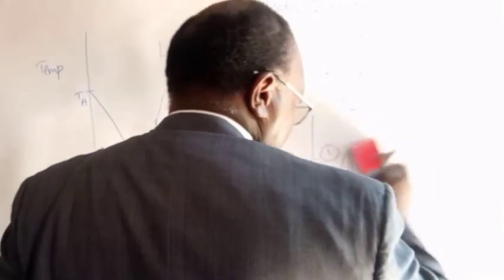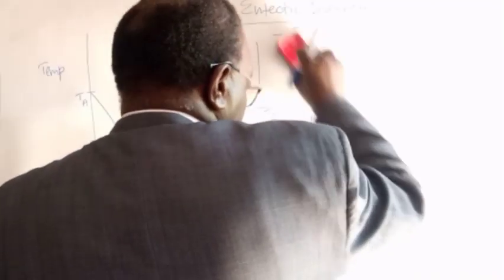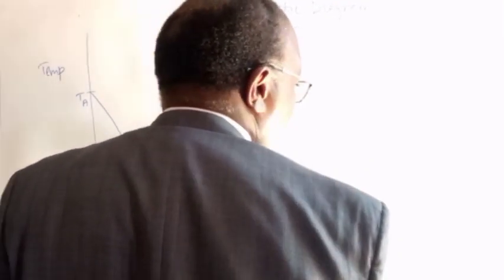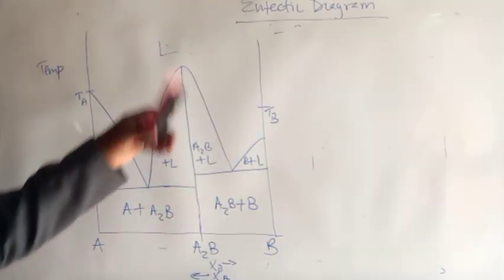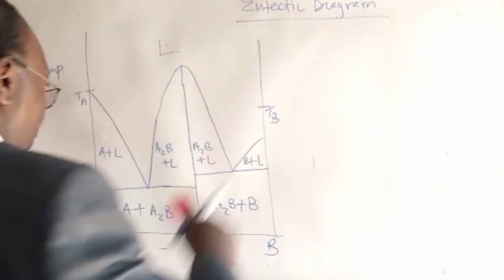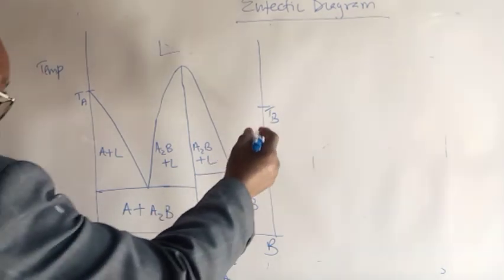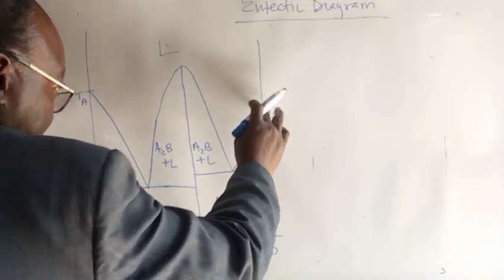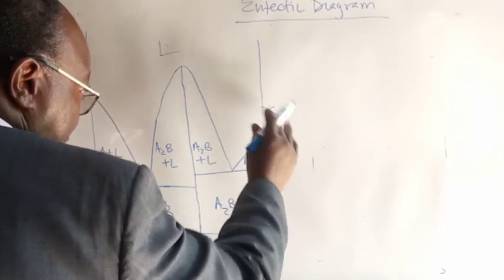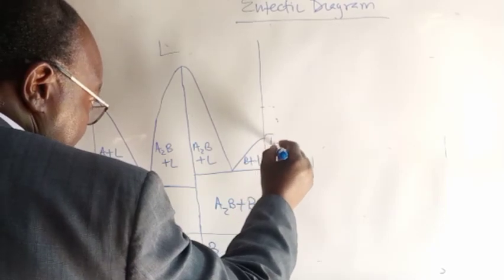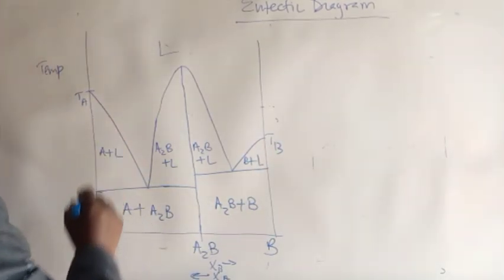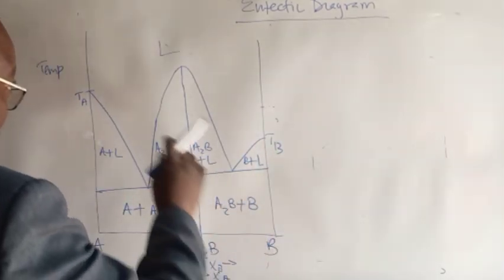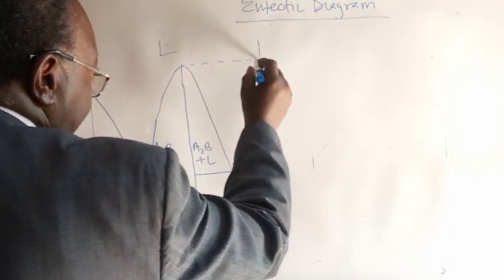Now let us go to this particular one. One of the observations we see in the eutectic diagram for the compound which I've just drawn here is that the melting points TA and TB of A and B are lower than that of the compound.